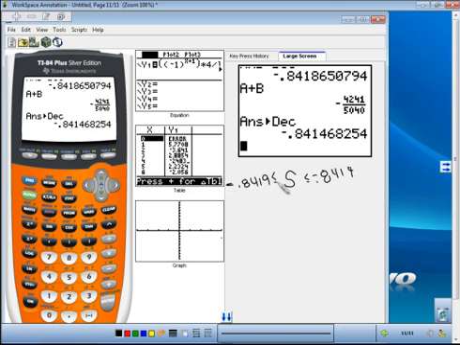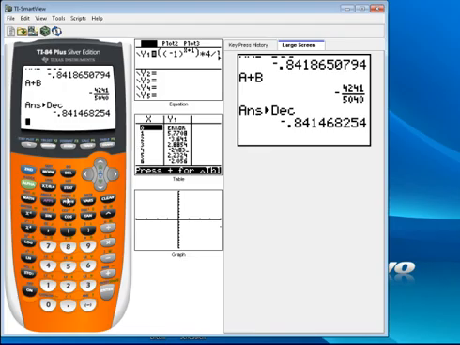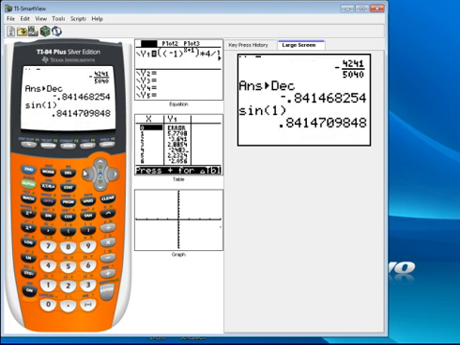So the sum is going to be somewhere between these two. So the sum is actually 0.841470. Remember how we said it was sine of 1? So we're really close to those two.